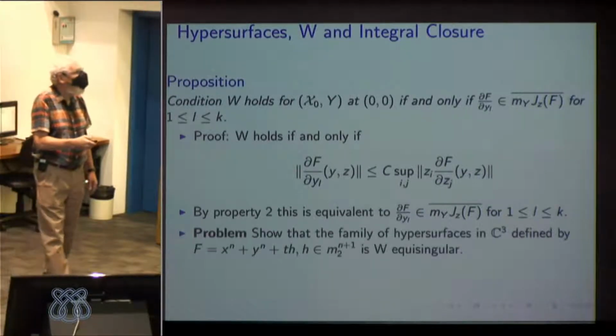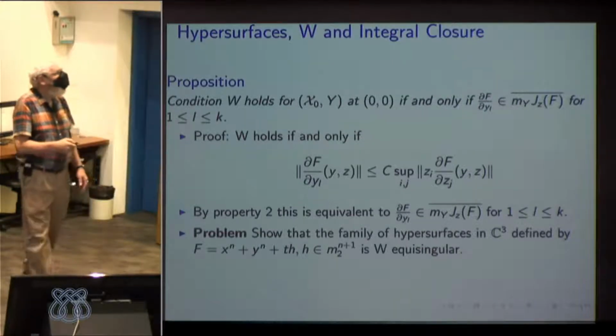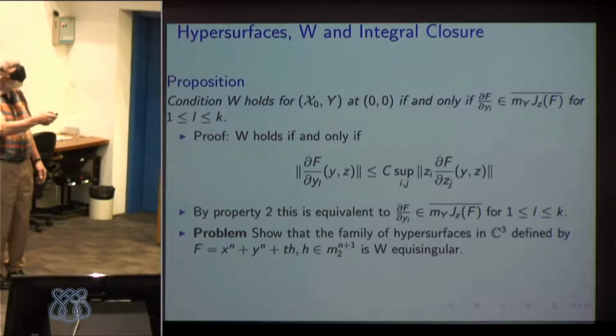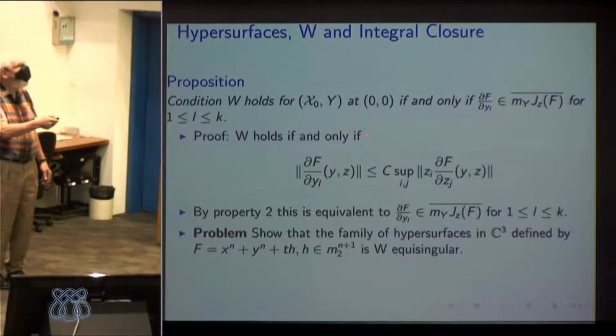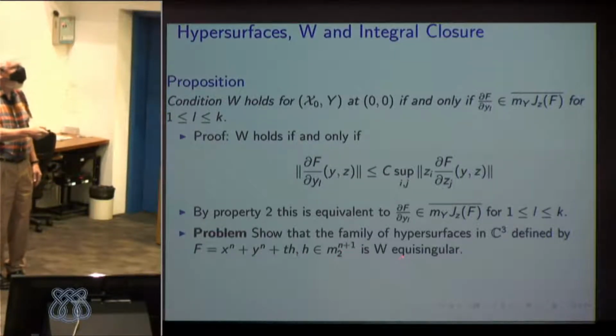And here's a problem you can try. Use directly from this inequality here, or at least try to show using these integral closure methods, that the family that this function defines, where h is anything in M2 n plus 1, is W equisingular.